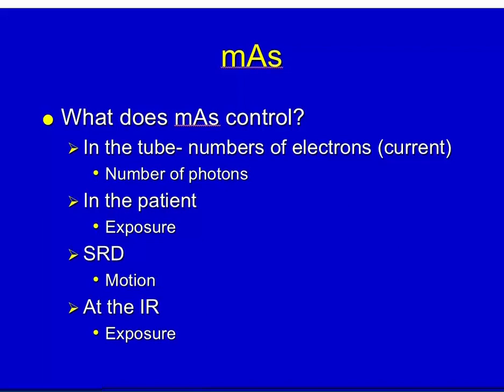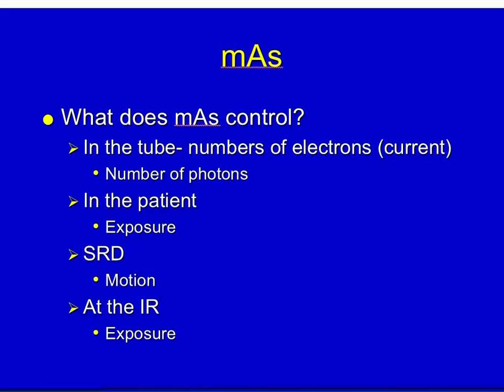The exposure, sharpness, or recorded detail can be affected also by motion, but that's really if you use long exposure times, sharpness or recorded detail also blooming. But you can control your motion by using reciprocity, increase your MA and decrease your time.